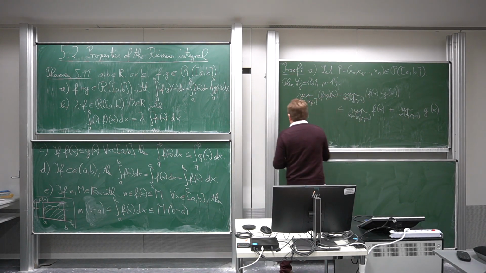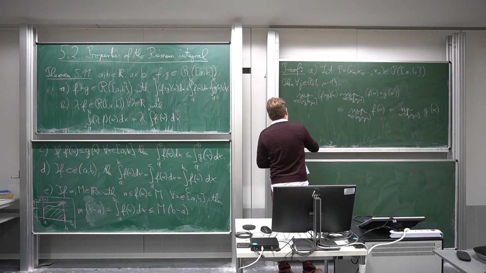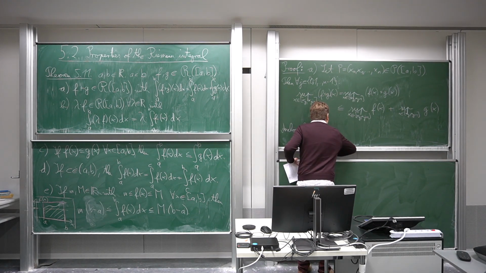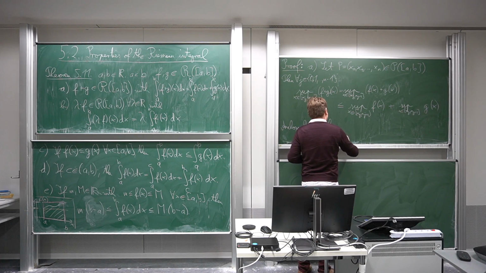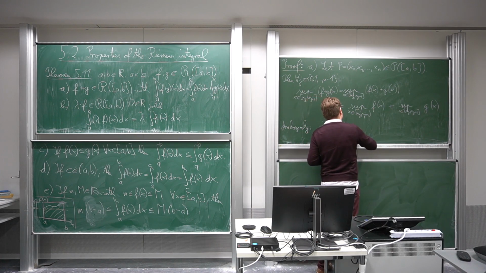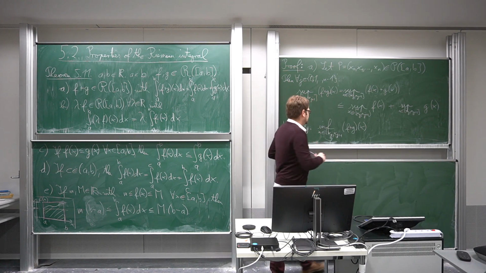And analogously, you can also make the following argument. If we take the infimum over x between xj and xj plus 1 of f plus g of x, then by the same argument, the infimum is making it as small as we can.